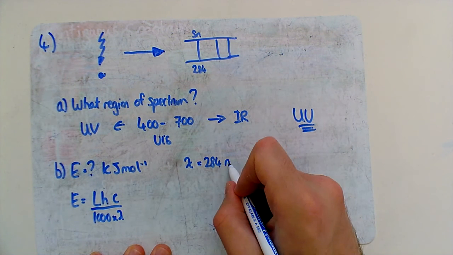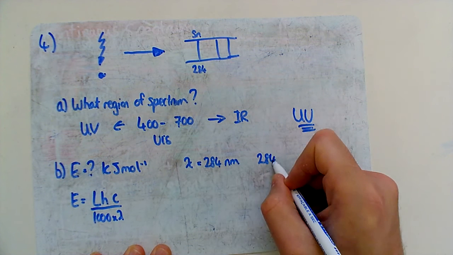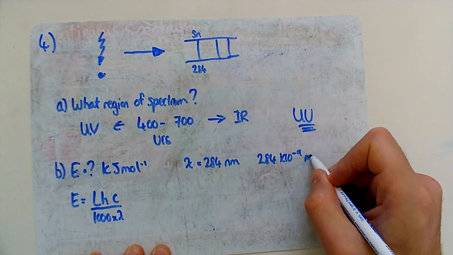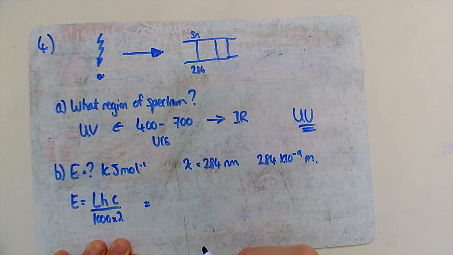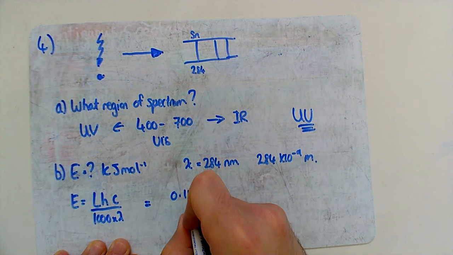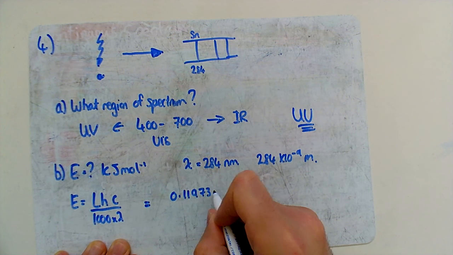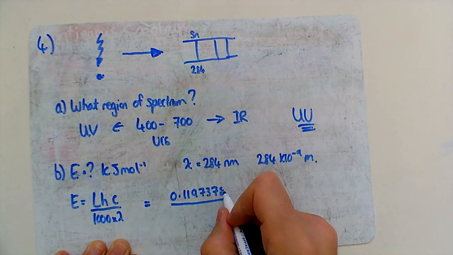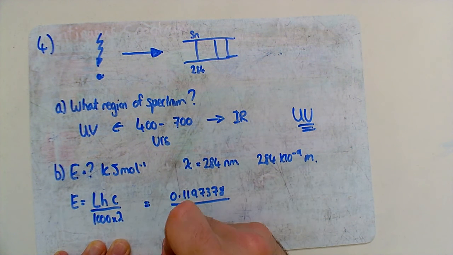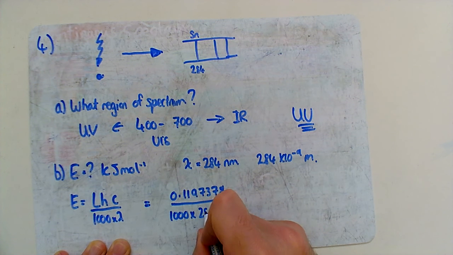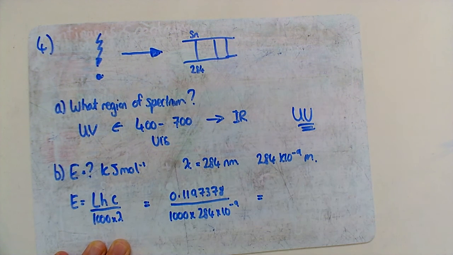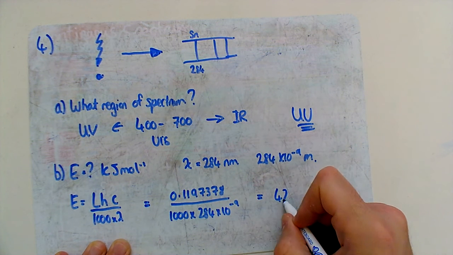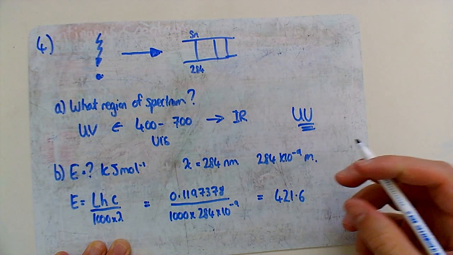Again, that's nanometers, so it's 284 times 10 to the minus 9 meters. LhC you calculated in question 3, so you don't need to calculate it again using your calculator. You can just say it's equal to 0.1197378 divided by 1000 multiplied by 284 times 10 to the minus 9, and that equals 421.6 kilojoules per mole.